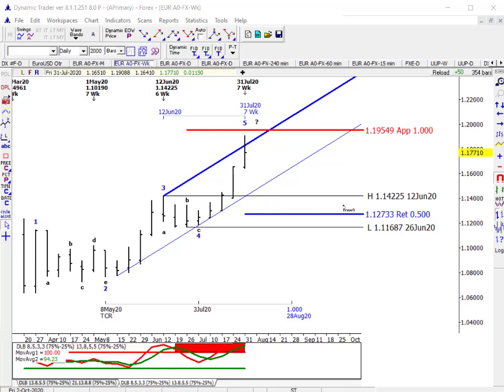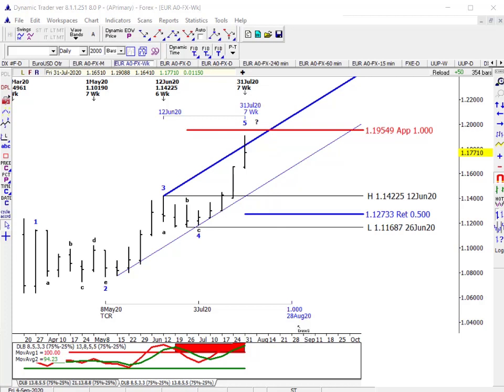If it gets anywhere near the 50% retracement, we'll know that's fairly significant, not just because it's a 50% retracement, but because it's also right in the middle of the range of wave 4. So just keep that in mind in the weeks ahead, if we do tend to go sideways to down as anticipated.